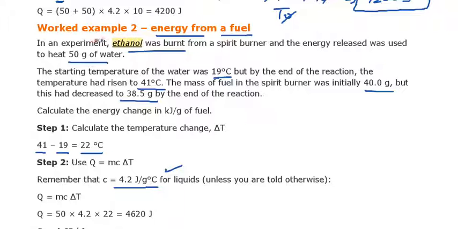But this experiment has one problem, as I told you: this combustion reaction is occurring in open space because it needs oxygen. So some amount of energy is released into the surroundings also, and how much energy is released into the surroundings cannot be calculated.